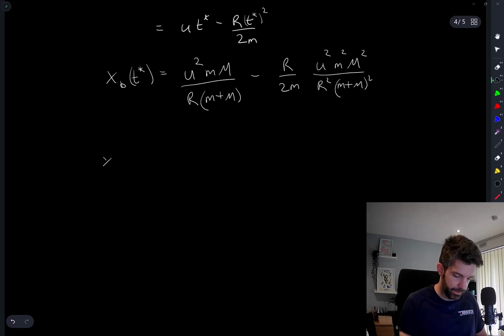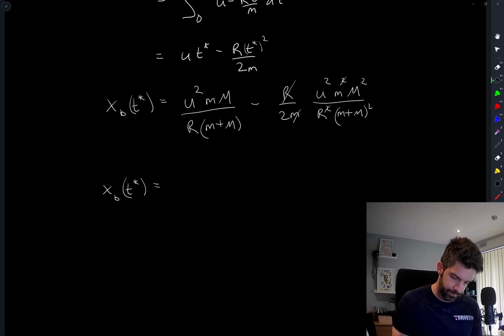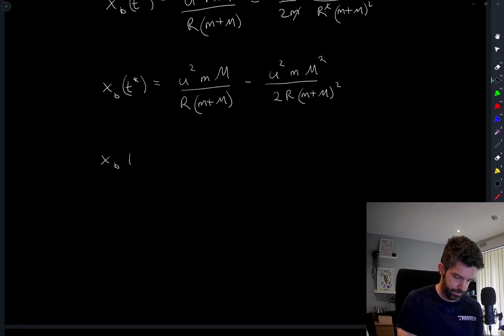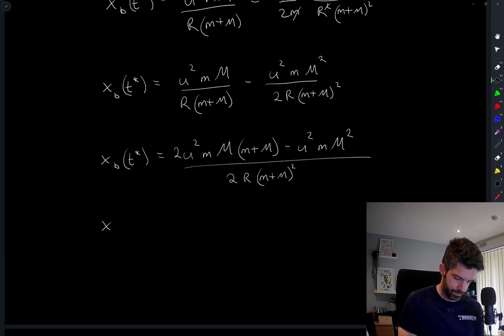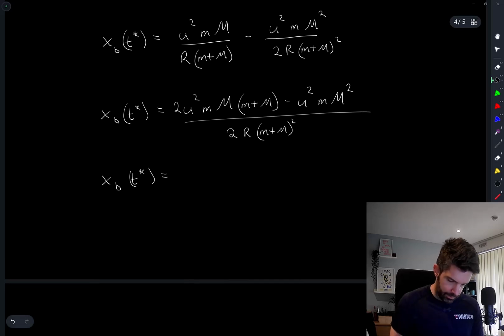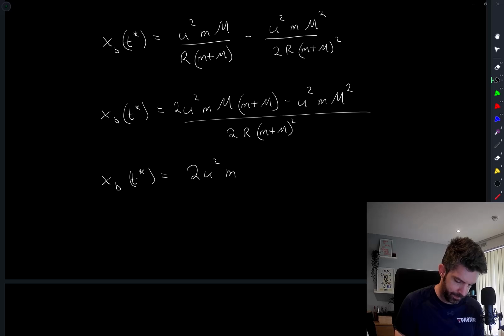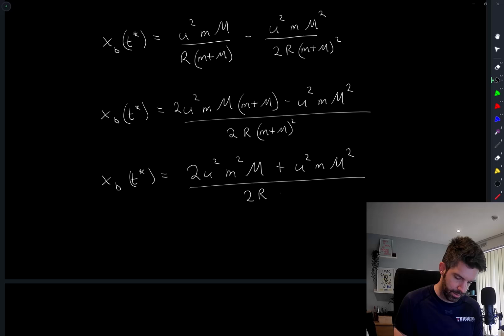Let's see if this simplifies a little bit. It doesn't simplify that much, but I get 2 u squared m squared M plus u squared m capital M squared over 2R times m plus capital M squared.